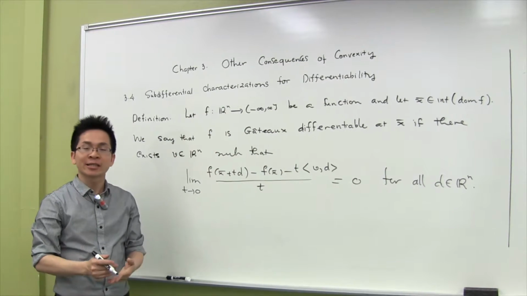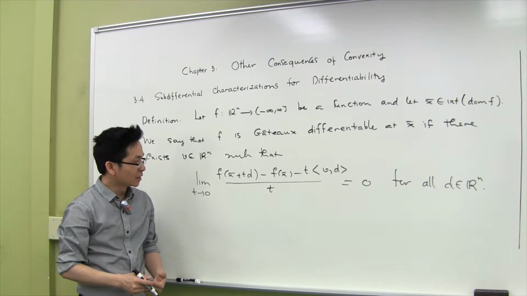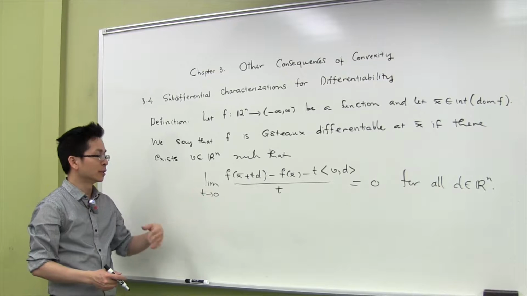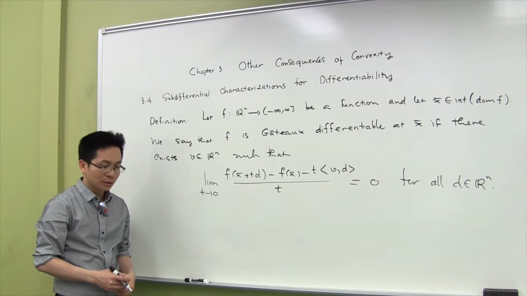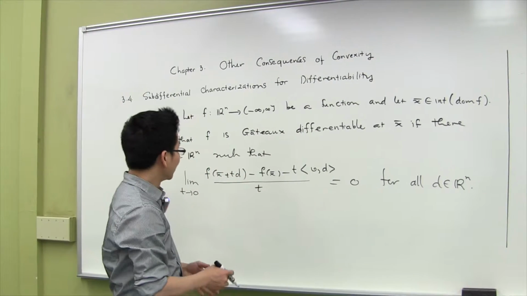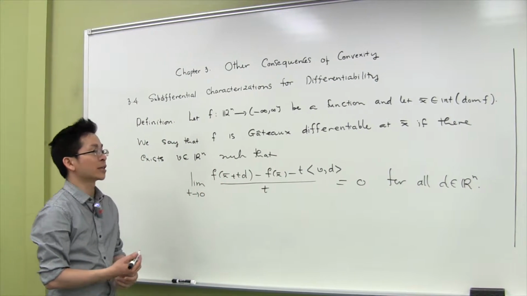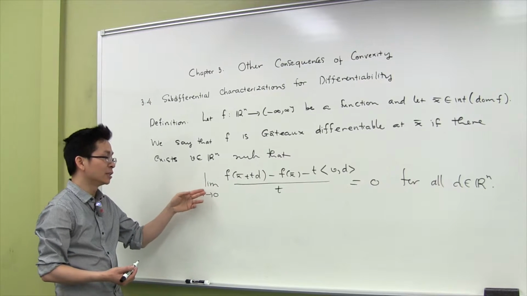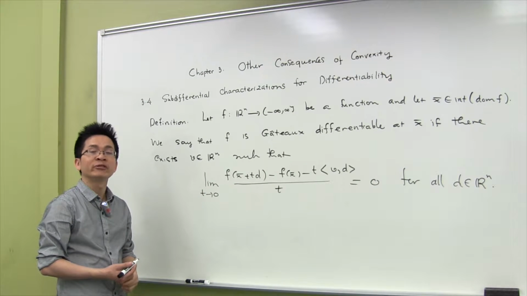Okay, so in this definition, f is not necessarily convex. In addition, this limit is computed as t approaches 0. As we saw in the previous section, in the definition of directional differentiability, we require the limit as t approaches 0 from the right.